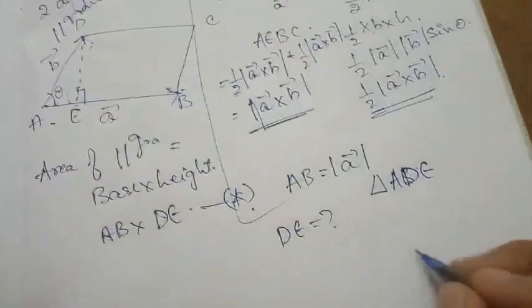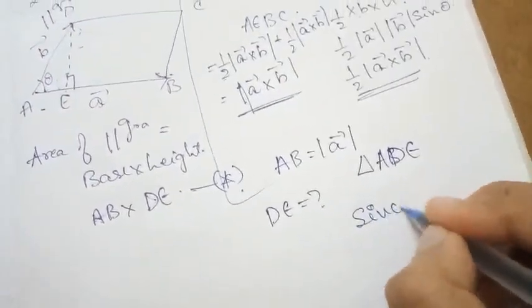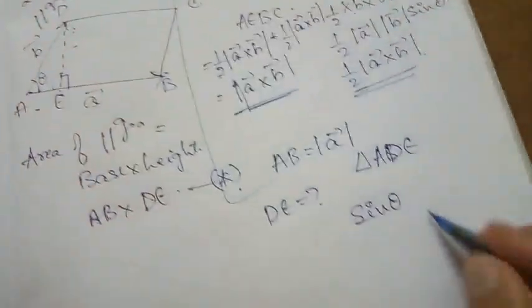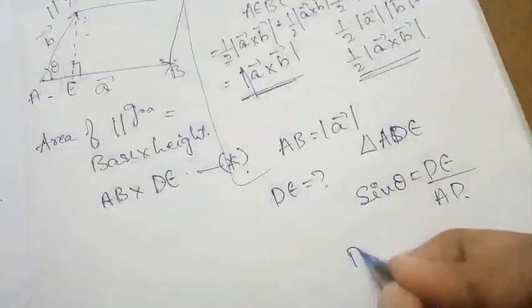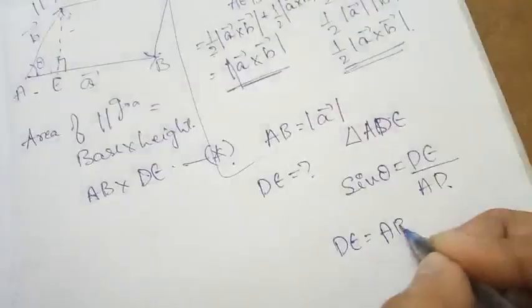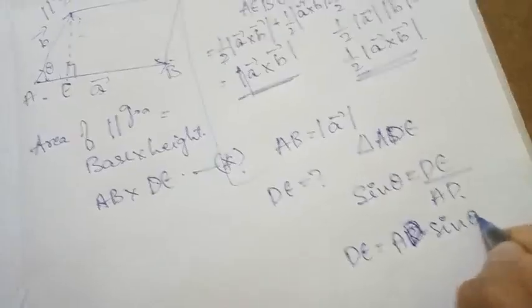So here sin theta is equal to opposite by hypotenuse. What is the opposite? It is nothing but DE. The hypotenuse is AD. So DE is equal to AD sin theta. What is AD?